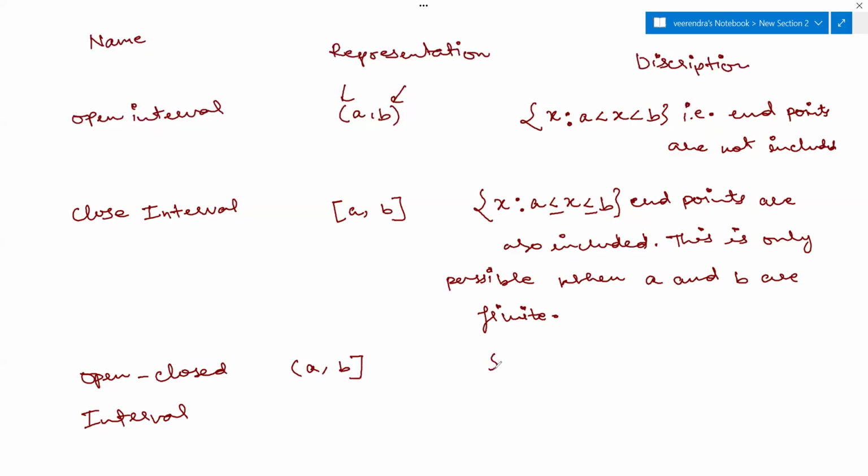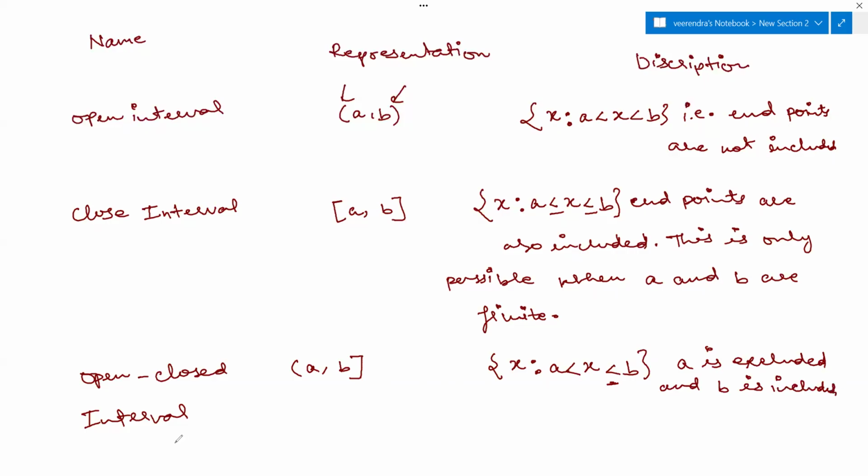So the description will be x is such that x lies between A to B. At B we have to put close, means we have to take equal here, which means that A is excluded and B is included.